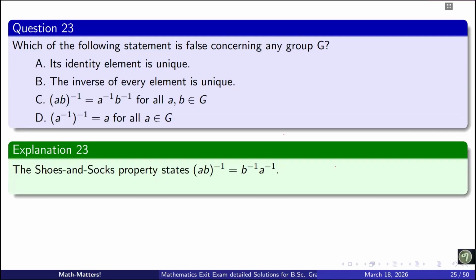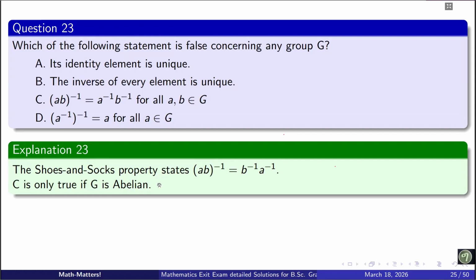Now the shoes and socks property states that (AB) inverse is equal to B inverse A inverse. That means when we distribute the inverse over here, we have to interchange the position of A and that of B. Therefore, option C, that (AB) inverse is equal to A inverse B inverse, will hold only when the given group is an abelian group, that is, a commutative group.